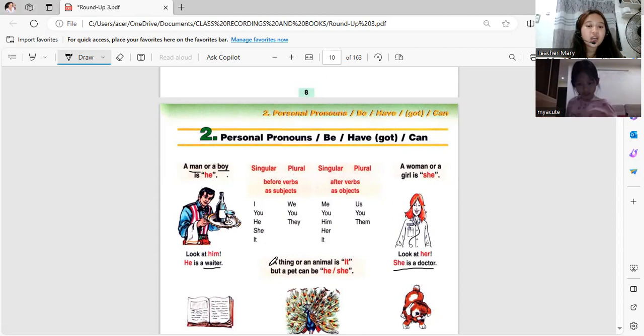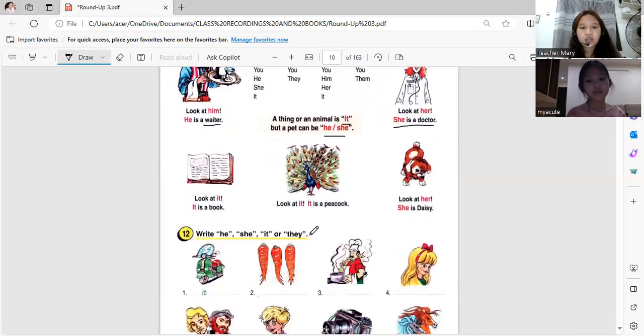So when it is a thing or an animal, we will use the pronoun it. But a pet can be called he or she, like dogs, cats. Okay, for this example, look at it. It is a peacock.